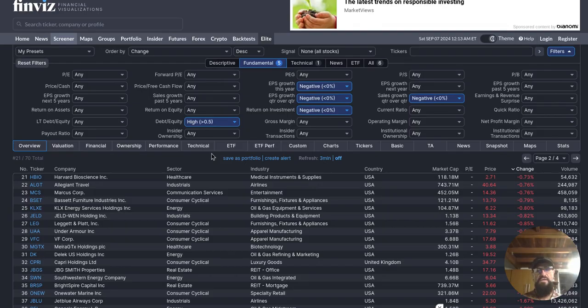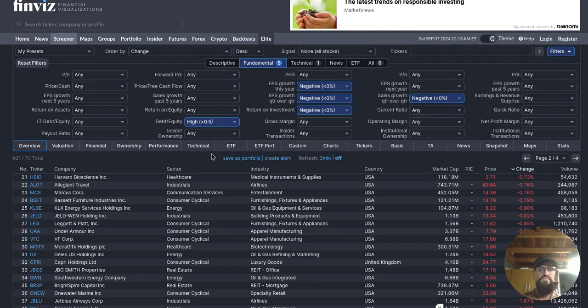The other reason why I don't short the company in the example is because it's a commodity company. It's an oil and energy company, and usually those companies fluctuate a lot with the price of the underlying commodity.